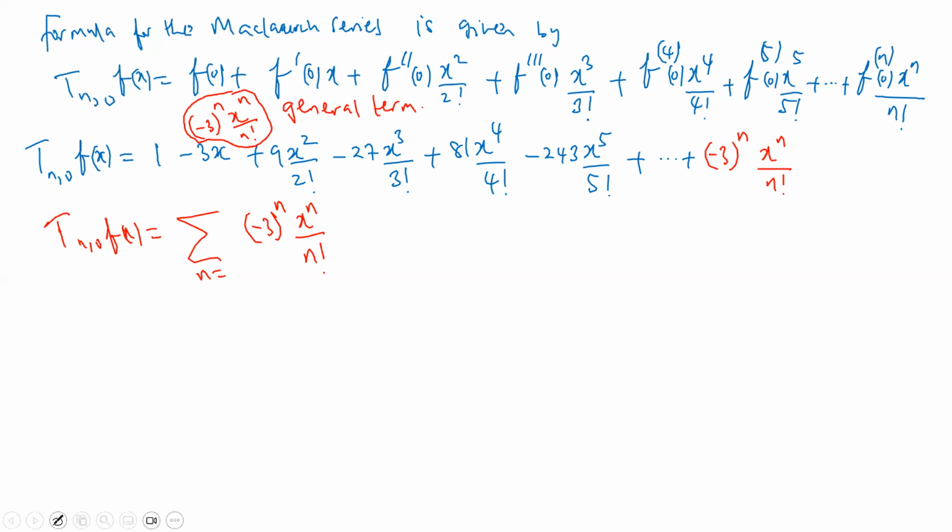Let me change the variable and use R. Normally we have R and N when it comes to popular series.